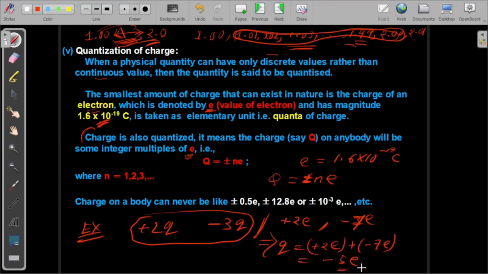This 5 is an integer. That means the total charge is an integer multiple of the value of the charge of an electron, or proton. This sign comes due to the additional electrons. The value of 2 electrons will be cancelled by the value of 2 protons, and the rest will be due to the 5 electrons, so minus 5 electrons. In this way, you get the total charge in the form of an integer multiple of the charge of an electron.